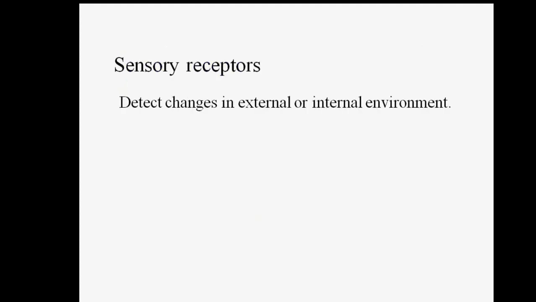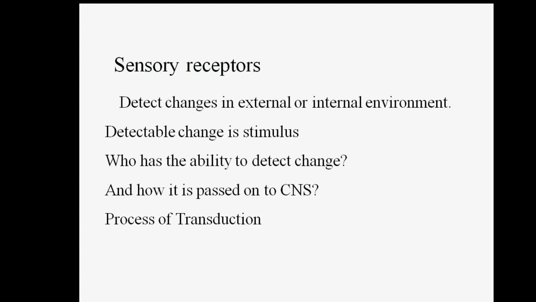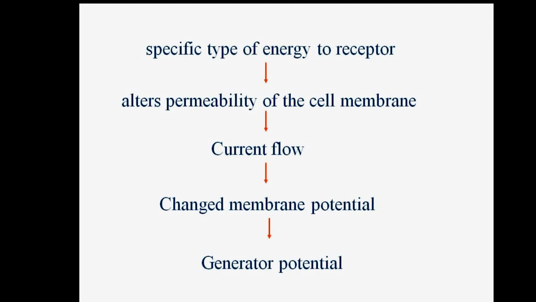Sensory receptors detect changes in the external or internal environment. That means the detectable change is the stimulus. How is the change detected and passed on to the CNS? Through the process of transduction, in which a specific type of energy is converted into electrical energy.